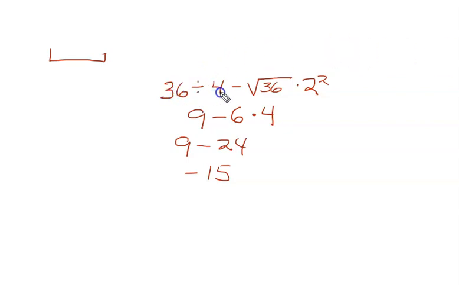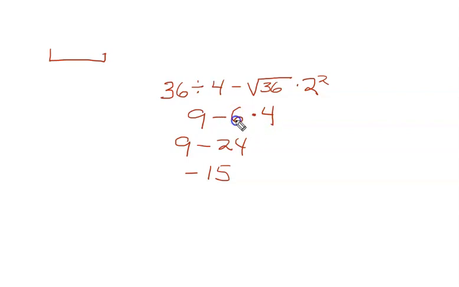36 divided by 4 is 9. We keep the negative sign. Then the square root of 36 is 6. And then we square the 2. 2 times 2 is 4. So what do we do next? Do we do the subtraction or the multiplication? We do the multiplication.